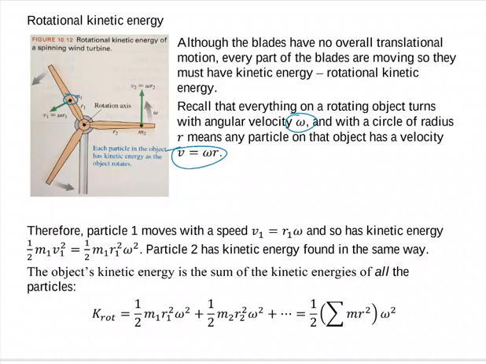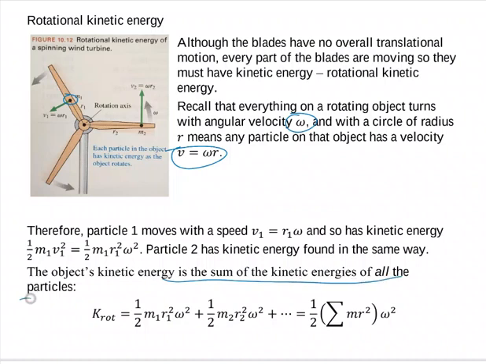So particle one is here. It moves with the speed v1 equals r1 omega, and so has kinetic energy 1/2 m1 v1 squared equals 1/2 m1 r1 squared omega squared. Particle 2 has kinetic energy found the same way. So the object's kinetic energy is the sum of the kinetic energies of all of the particles.